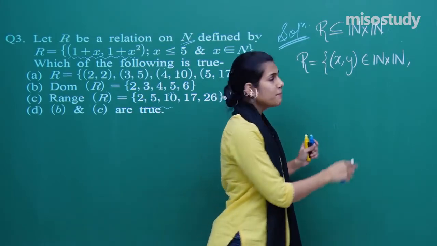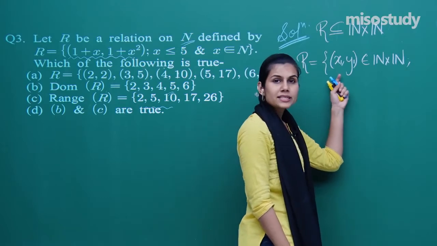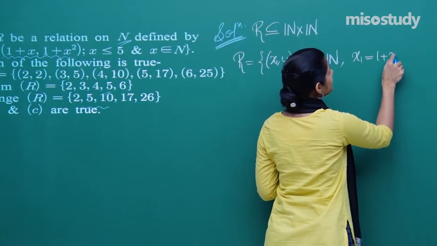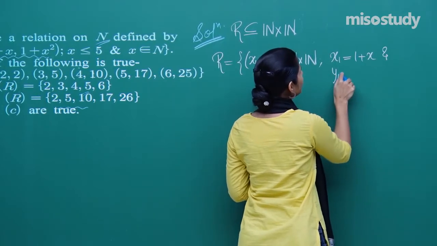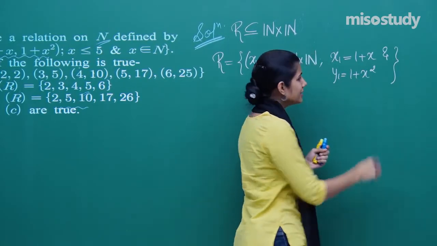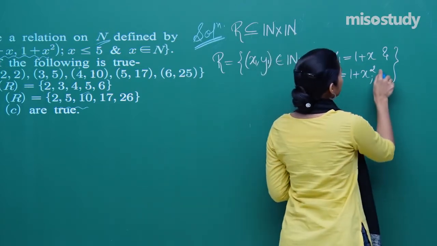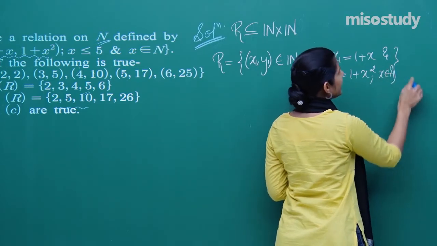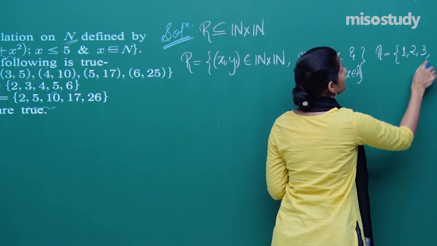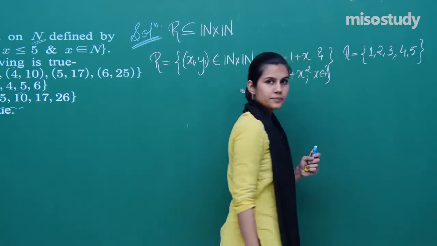So if I mark it as (x1, y1), then such ordered pairs are sitting inside R such that x1 looks like 1 plus x and y1 looks like 1 plus x square, such that this x is coming from a set A, where A is {1, 2, 3, 4, 5}.